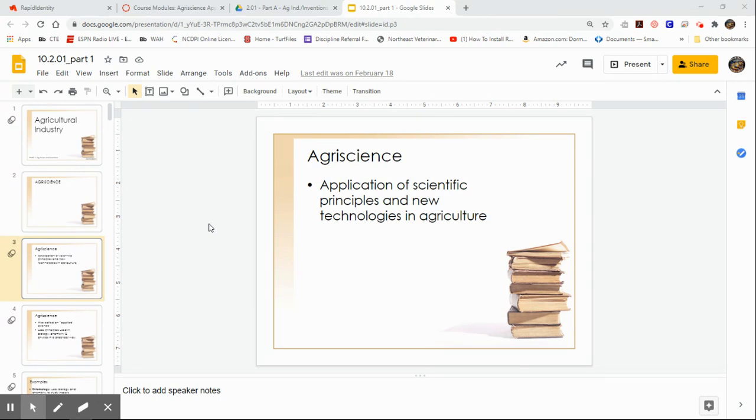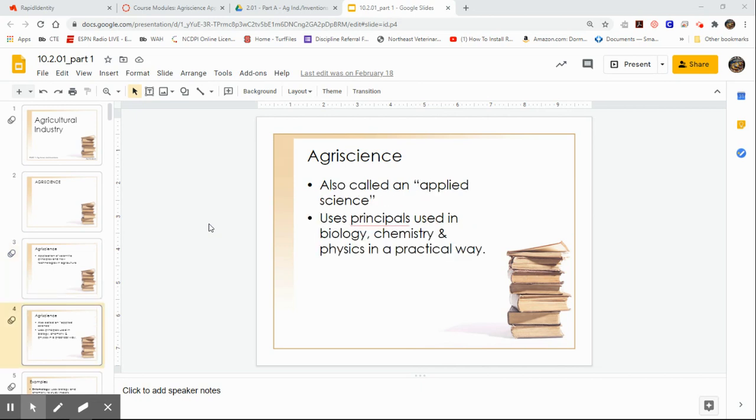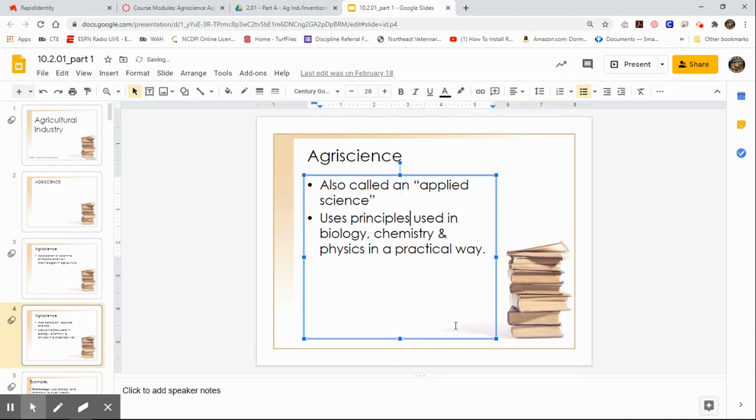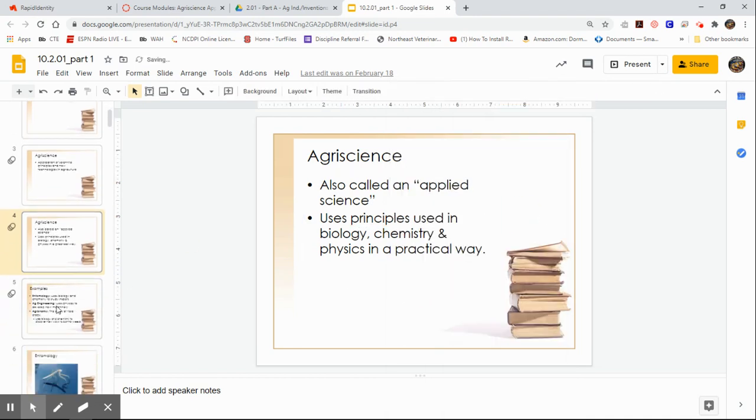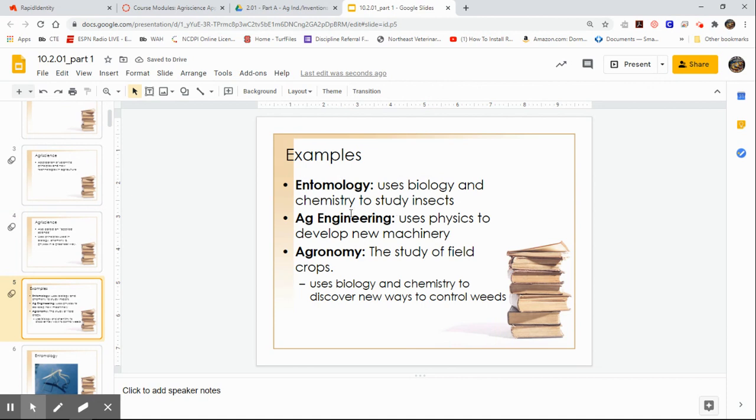We went through and we talked about agriscience and how that's a scientific principle, and it focuses on new technologies in agriculture. It's an applied science, which is a science that you actually learn about and then take that knowledge and actually go outside and practice those skills, such as entomology, ag engineering, and agronomy.